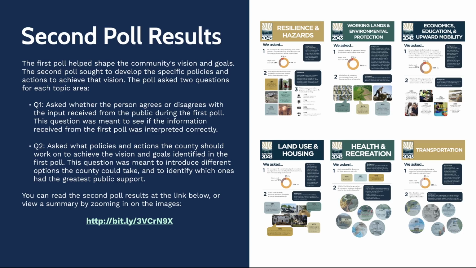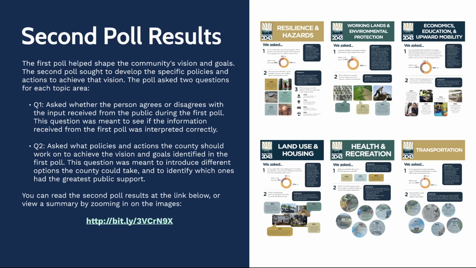The full report is available on the Comprehensive Plan website. Let's review some of the information from the Working Lands and Environmental Protection Board as an example of what you can find in the report. Question 1 asks people if they support limiting development in green infrastructure areas, such as places that provide animal habitats, floodplains, forests, and even farms. 80% of people who took the poll said yes.